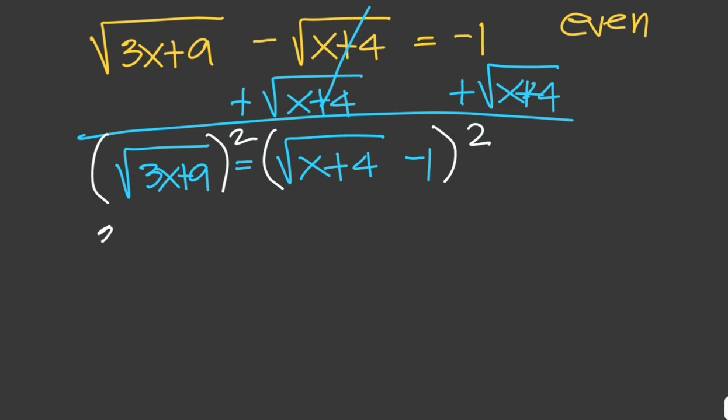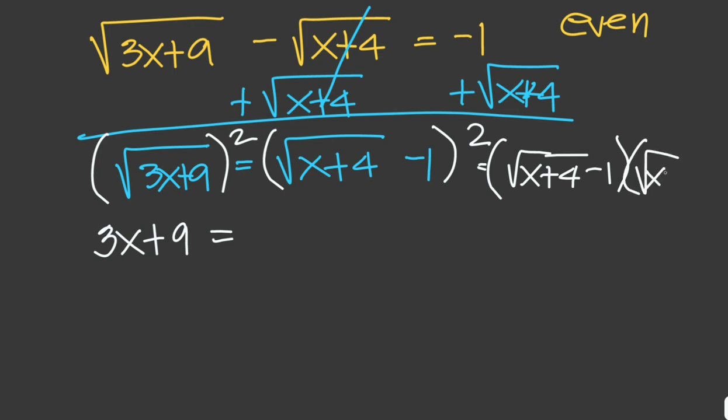So this would be 3x plus 9. And this one is just equal to square root of x plus 4 minus 1 times square root of x plus 4 minus 1. Right, you just have to FOIL that.